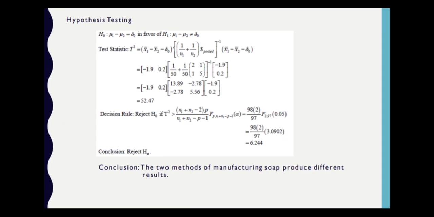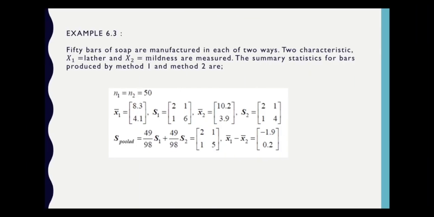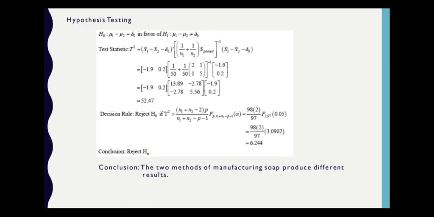So we start the hypothesis testing. Find the value of T-square. Since we have all the values, we already have x1 bar minus x2 bar and so on, from this here. So we can calculate the value of T-square.